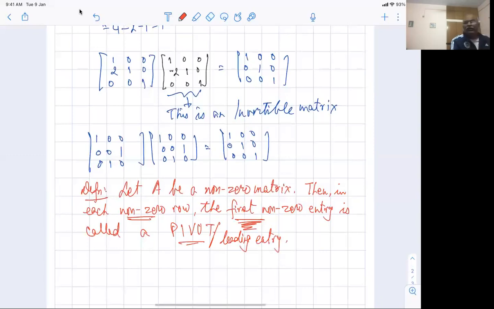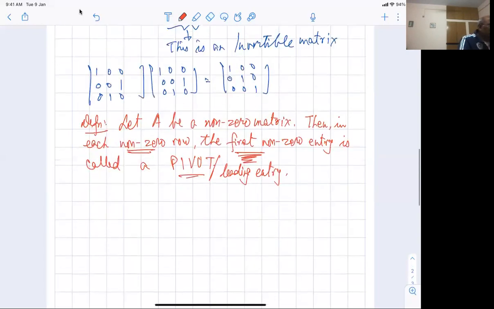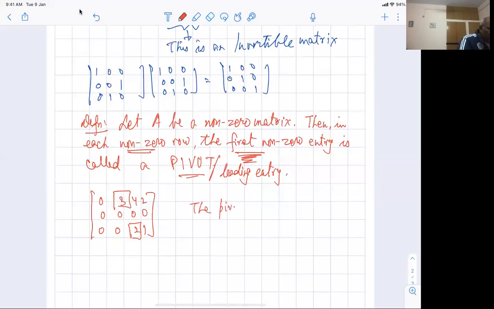All right, so we are trying to understand solving a system of equations using a systematic method. So I'm just doing it systematically, all right, fine. So for example, if I look at this matrix, 0, 3, 4, 2, 0, 0, 0, 0, 0, 0, 2, 1, then the pivots are, this is a pivot, this is a pivot. So the pivots are marked or boxed with this. Fine. This is what we have done.